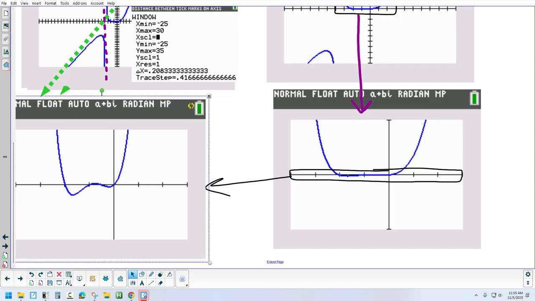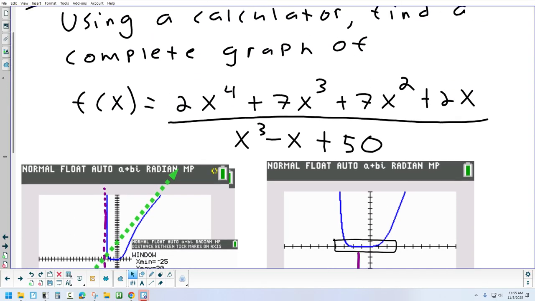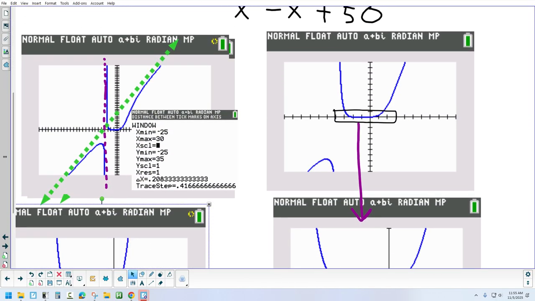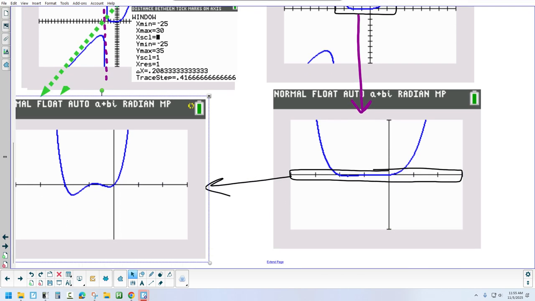So when the directions say find a complete graph, I would say you need this window to get the big picture and be able to see the slant, but you also need this to be able to see the x-intercepts. So I think you need 2 windows to really get a good picture here.